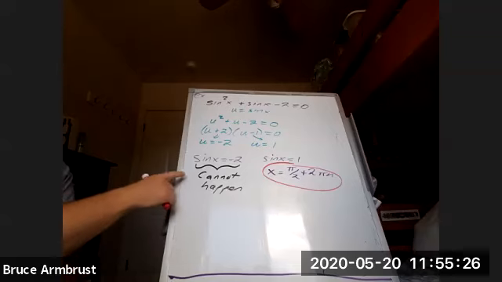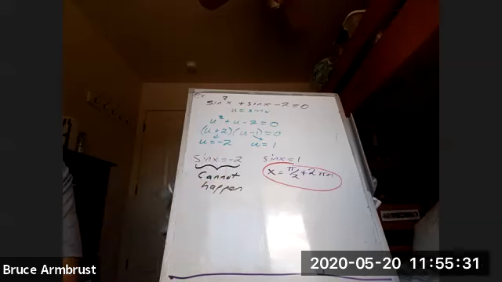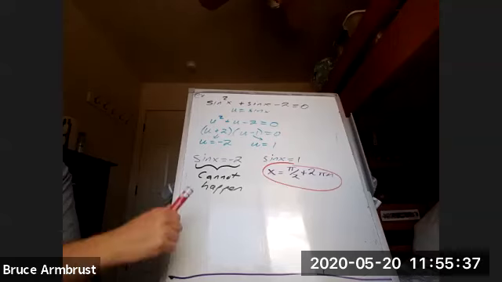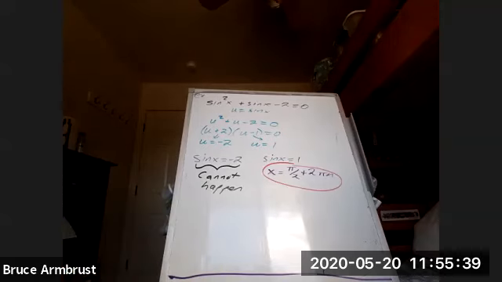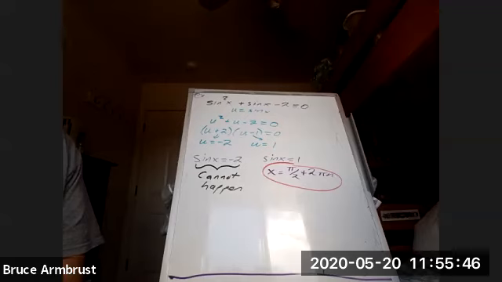So if you ever run into this, where you get something that just can't occur, just ignore it. It's not part of the solution. It doesn't mean there's no solution. It just means that that piece isn't adding to the solution set. So we still go ahead and find the solution sets from the other pieces and call it good.